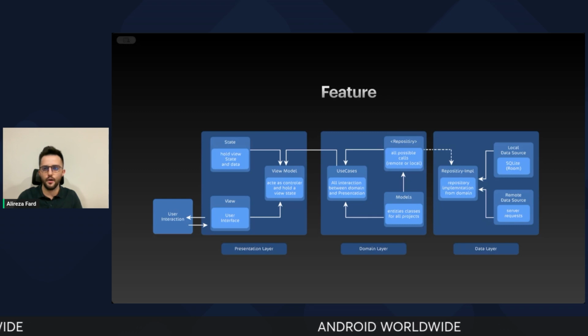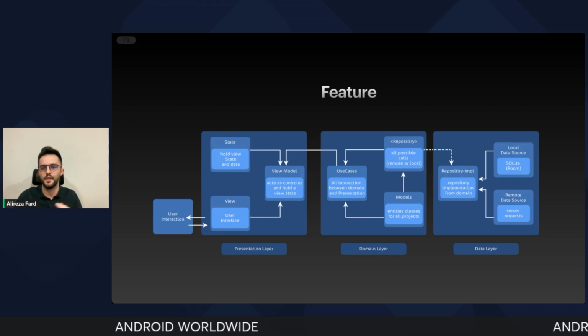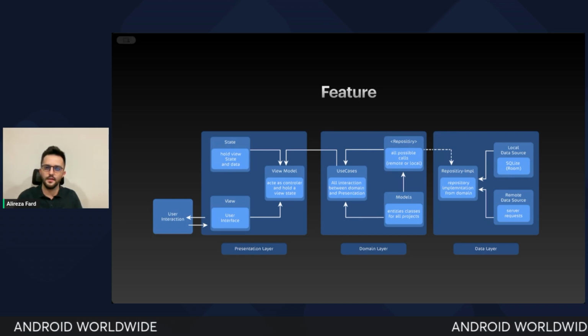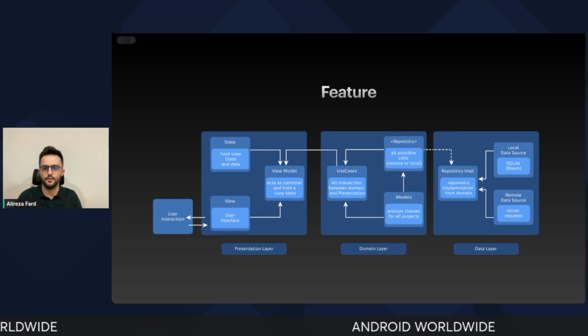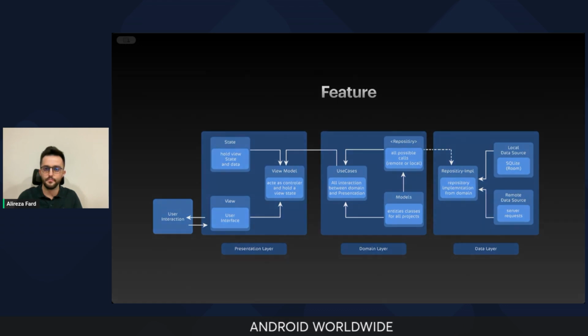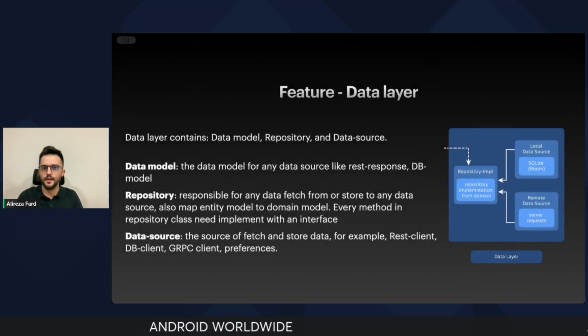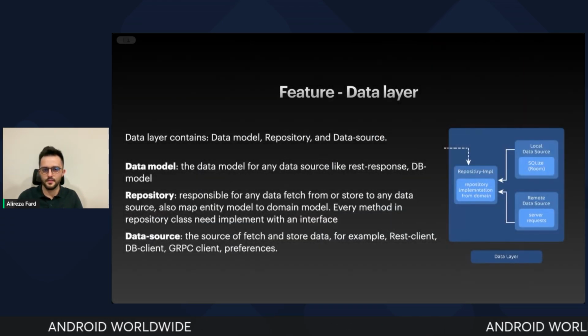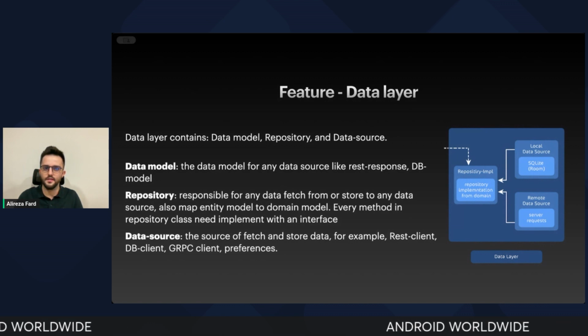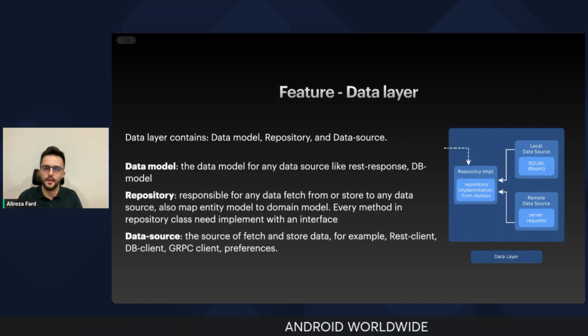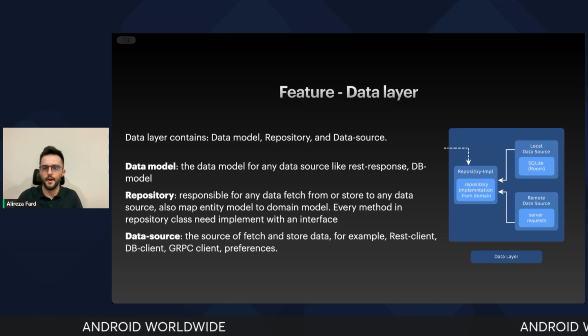And we walk through each layer and how the other modules can improve our code in each layer, for example, data layer, domain layer, or presentation layer. So in the data layer, based on this diagram, we have data models, which can be entities for database or just DTOs from backends.